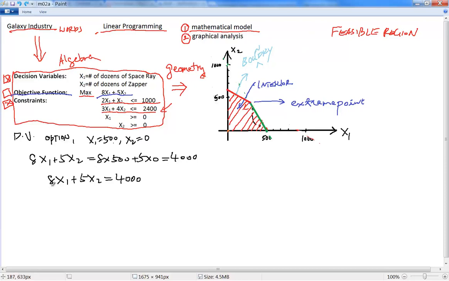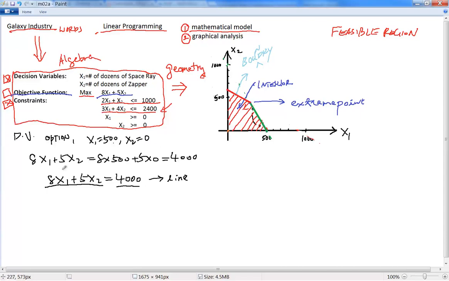So in other words, the objective function itself cannot be represented as a geometric entity in this two-dimensional space. However, if we force this expression to take on a particular value, in this case 4,000, the resulting equation becomes a line.